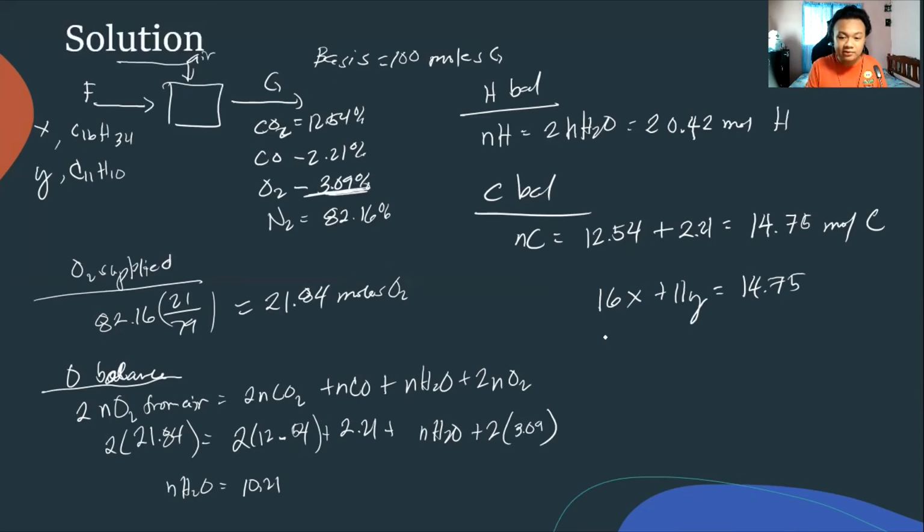And then we have 34x plus 10y, which equals 20.42 moles. Then solve simultaneously.